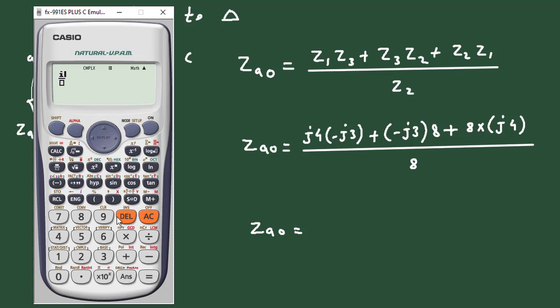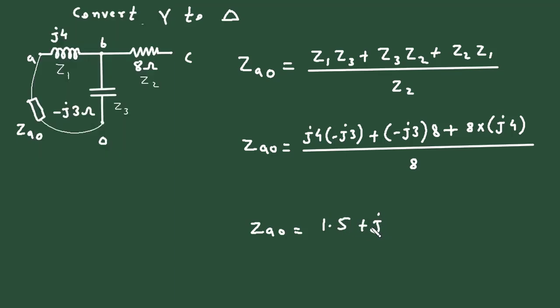So this will be I into 4, then into minus I into 3, then plus in bracket minus I into 3 into 8 plus 8 into in bracket I into 4, divided by 8. So it is 1.5 plus j. Since it is impedance, its unit will be ohm.